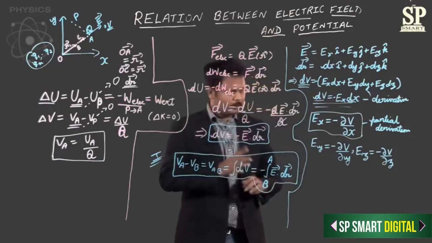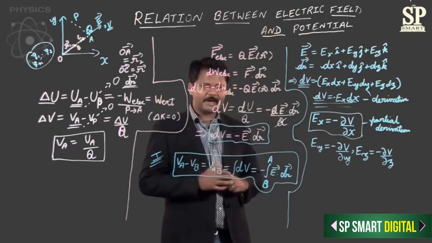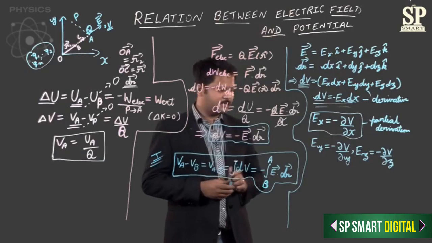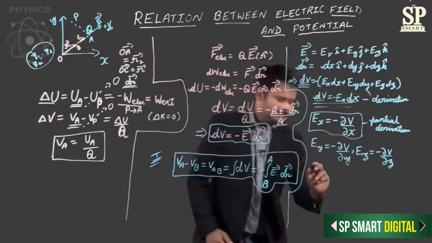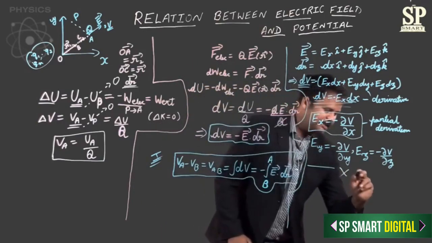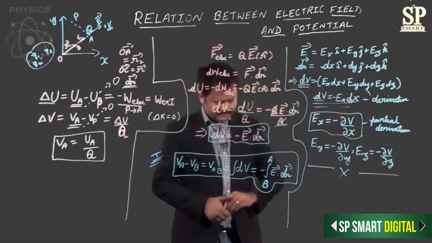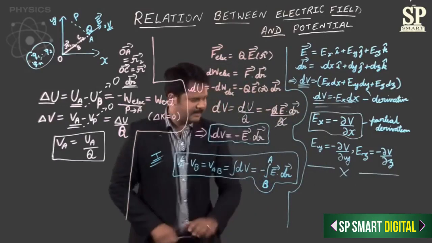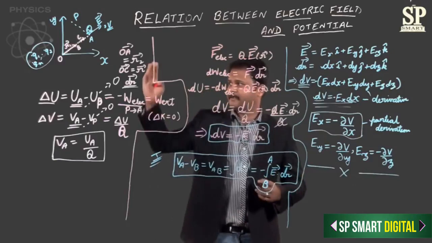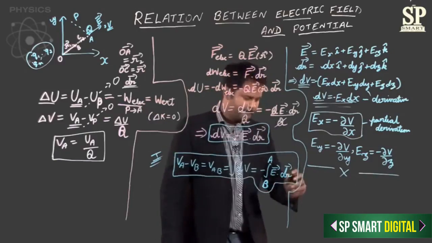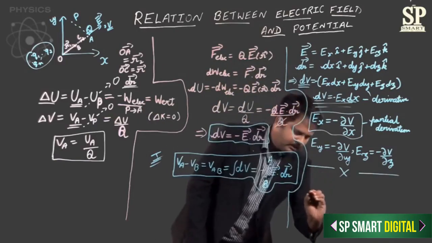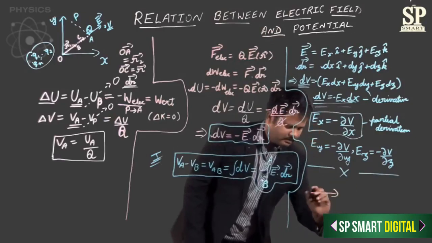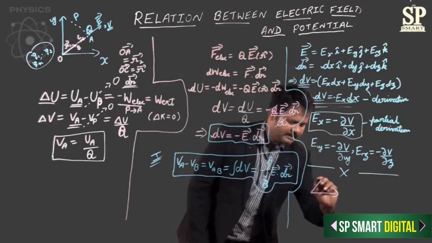So we finished two interpretations. Now let's look at the third interpretation of this equation. For this, let's redraw the situation from another perspective. Let's say in this particular diagram, E is in this direction and our dr is in this direction.